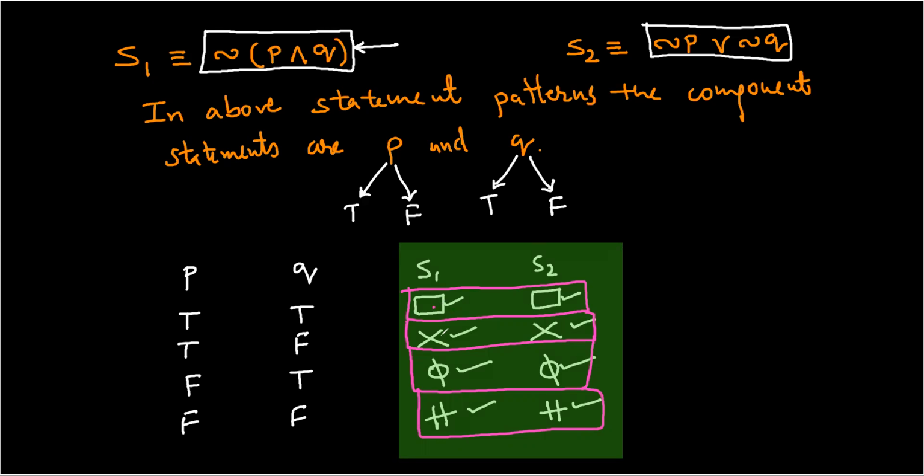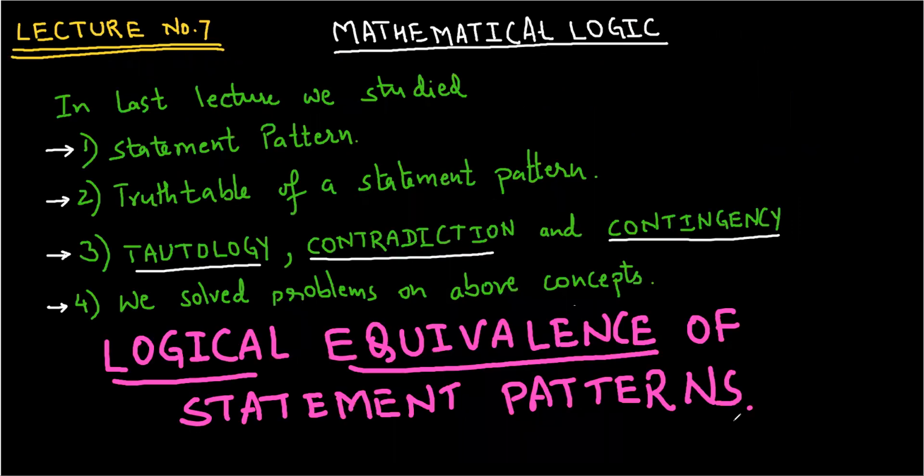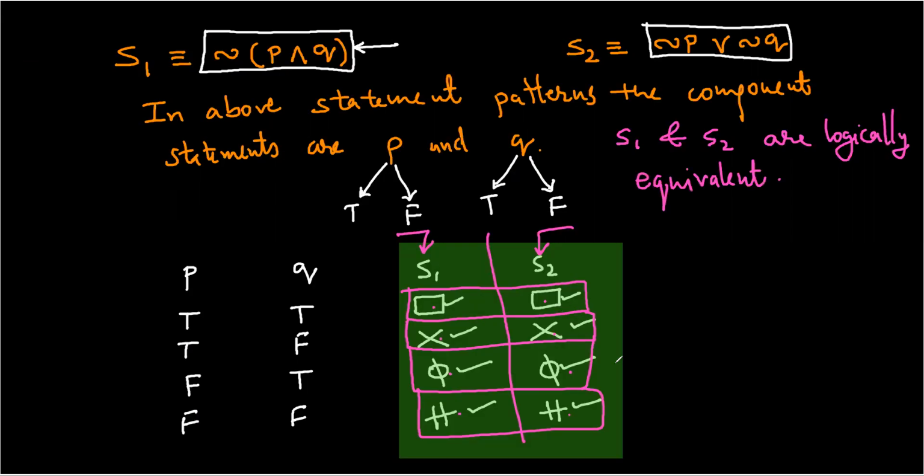Since you can see the columns have identical truth values, you will say that statement patterns S1 and S2 are logically equivalent, and this concept is known as logical equivalence of statement patterns.